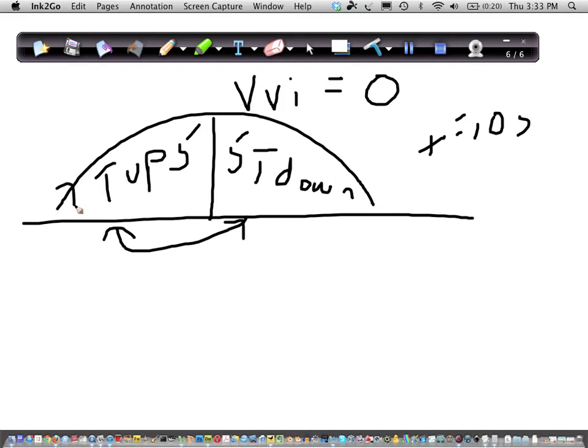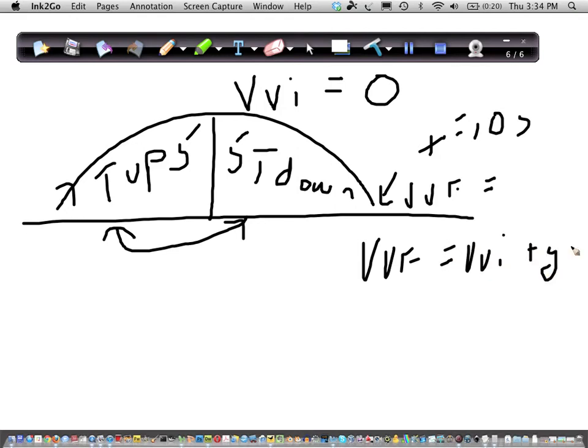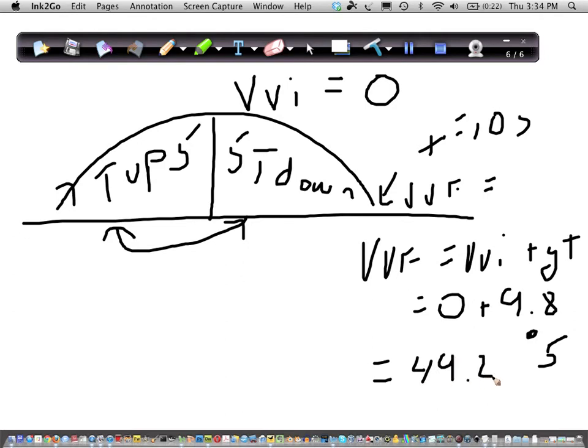So we could calculate VVF right now, because VVF equals VVI plus GT. Same equations we used before. 0 plus 9.8 times 5. And that is what? 49.2, something like that, meters per second.